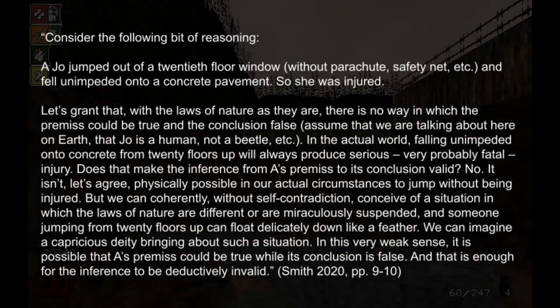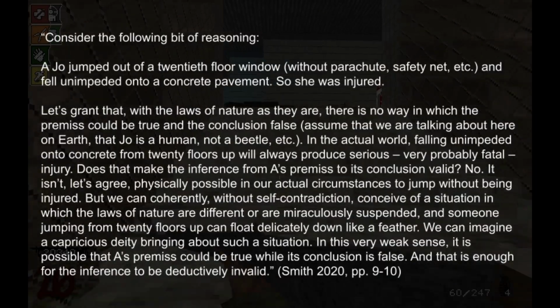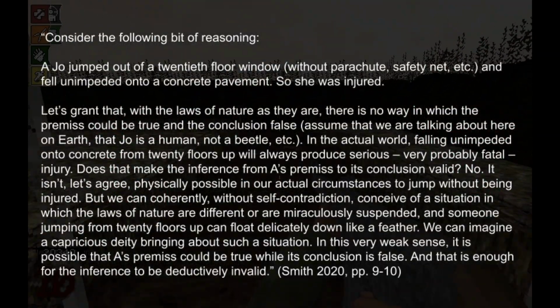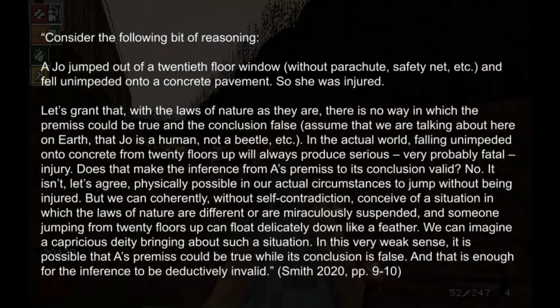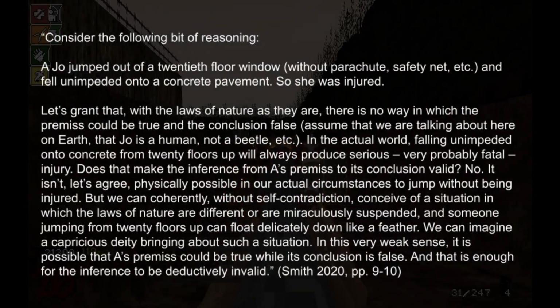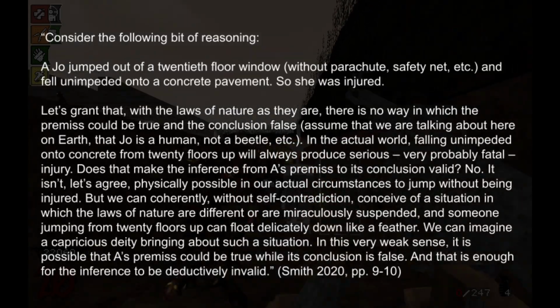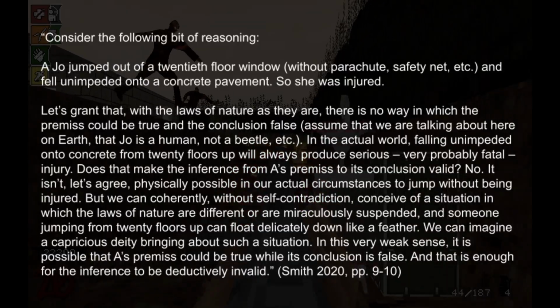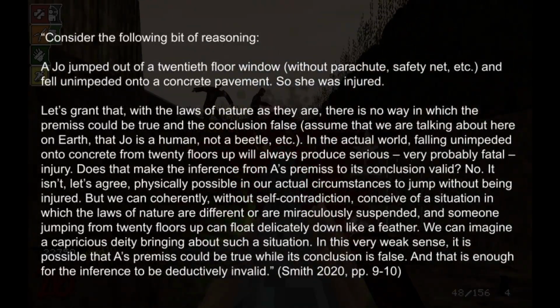Well, no, because even if it's not physically possible according to the laws of nature, because of how gravity works, there's still a possible scenario. We can still conceive of a situation where the laws of nature were different. Maybe in some possible world, the laws of nature are different, and Joe just falls down slowly like a feather and doesn't hit the floor. So we're talking about possibility in this very loose sense.